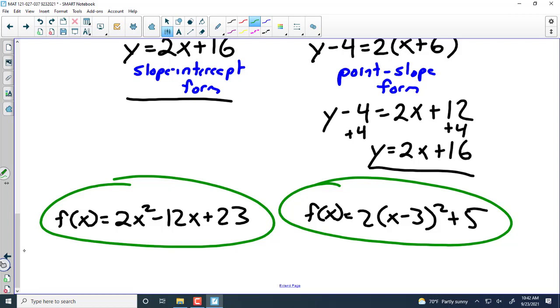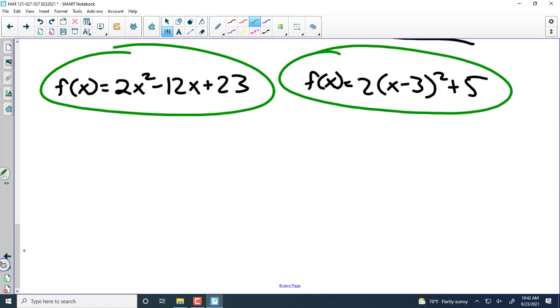Now, if you don't believe that, and that's okay not to believe that because they look different, so I'm not sure I would believe it either, check out this one over here. Watch this. Does everyone agree that I can rewrite that x minus 3 squared as x minus 3 times x minus 3? Yeah. Okay, and I can FOIL that.